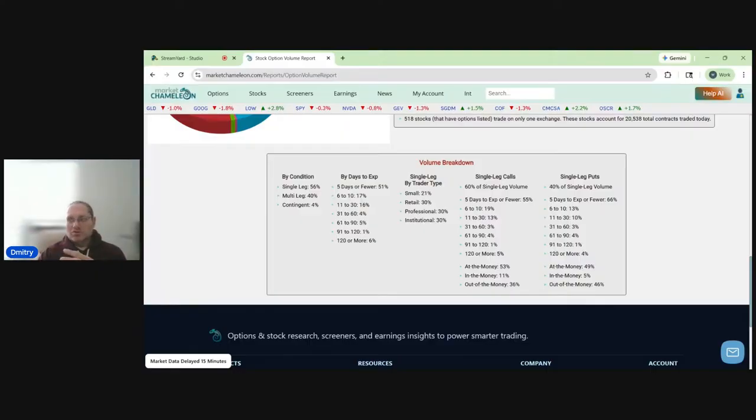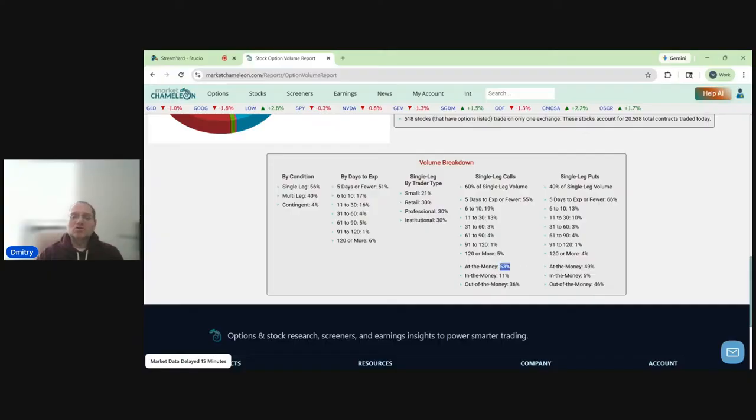If the trading is in strikes that are close to where the stock price is, those are at the money options. If people are trading options that are further out, if the stock's 100 and the strikes are 120, those would be out of the money. So how are people using the options relative to where the stock price is?